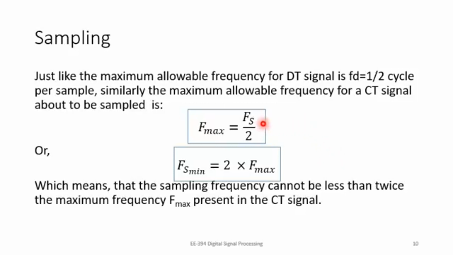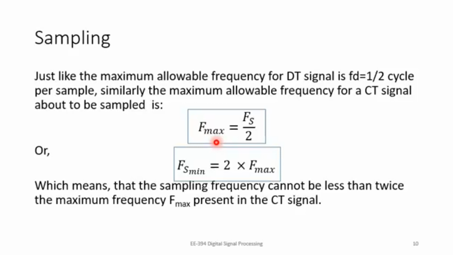If you know the sampling frequency is 100, then 100 divided by 2 is going to be 50 Hertz. So then you will say, okay, because my fs is fixed, I can sample any signal up to a frequency of 50 Hertz and not mess it up. So this is one condition.